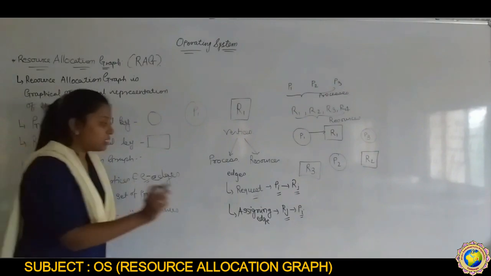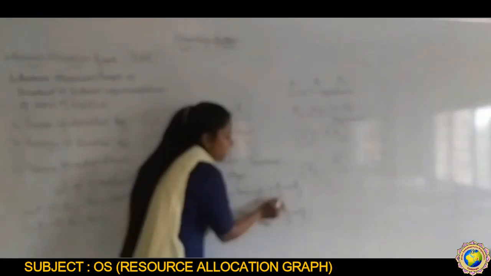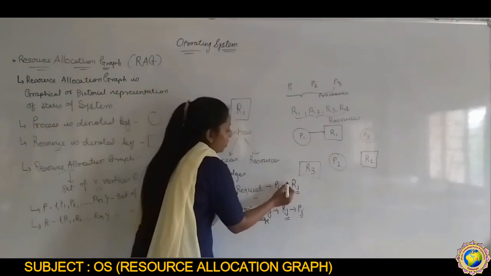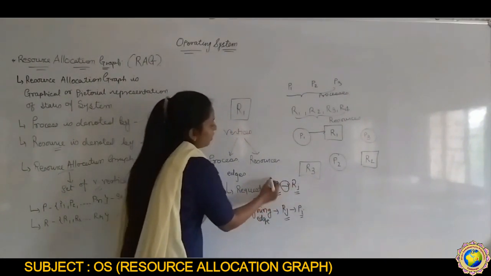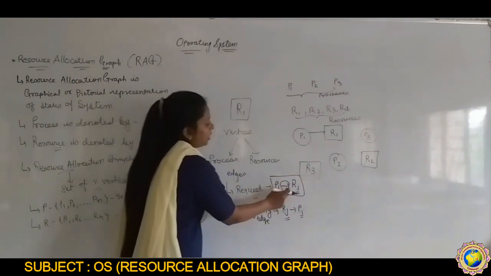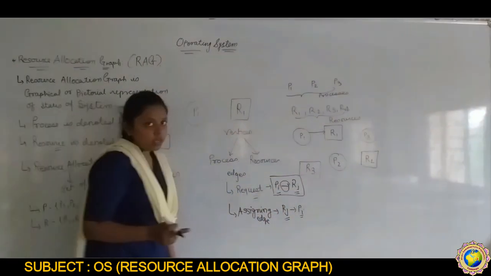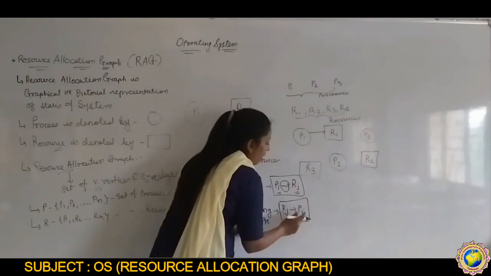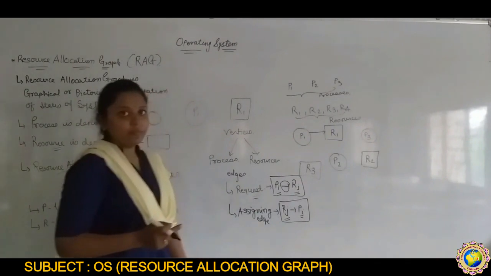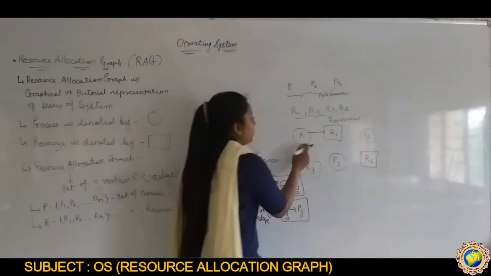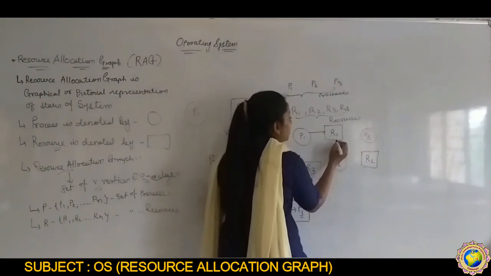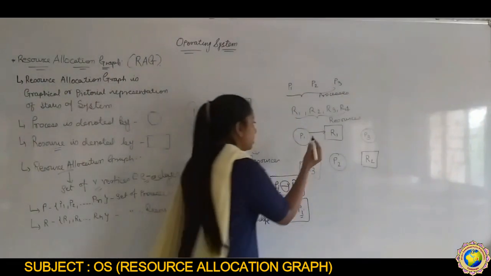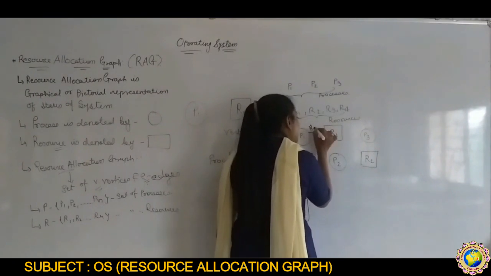So mind that there are two points. Whenever a process requests a resource, we use this type of edge, Pi requests a resource. And an assigning edge means the resource is allocated to Pi. Let's see, P1 process requests R1. This edge is called a request edge.